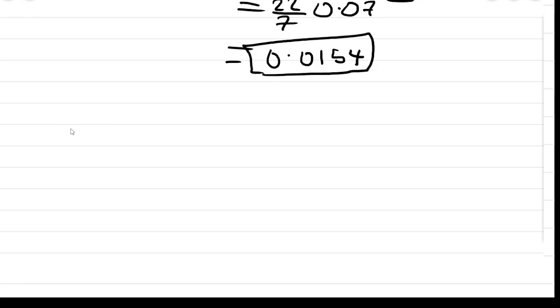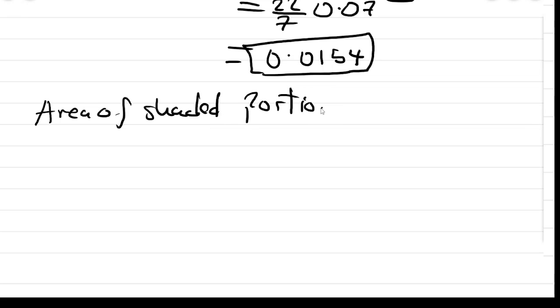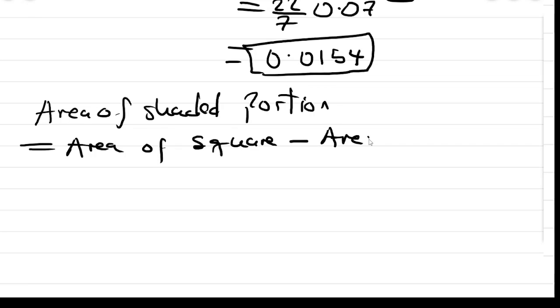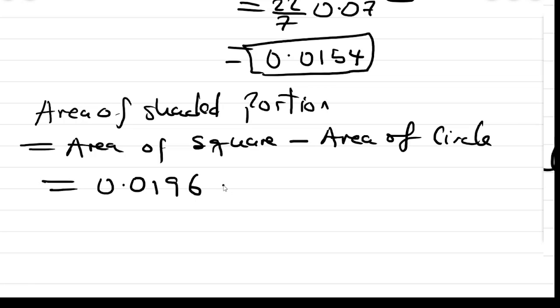On the other hand, we know that the area of the shaded portion is equal to the area of the square, but we subtract the area of the circle. So this is 0.0196, we are taking away 0.0154.